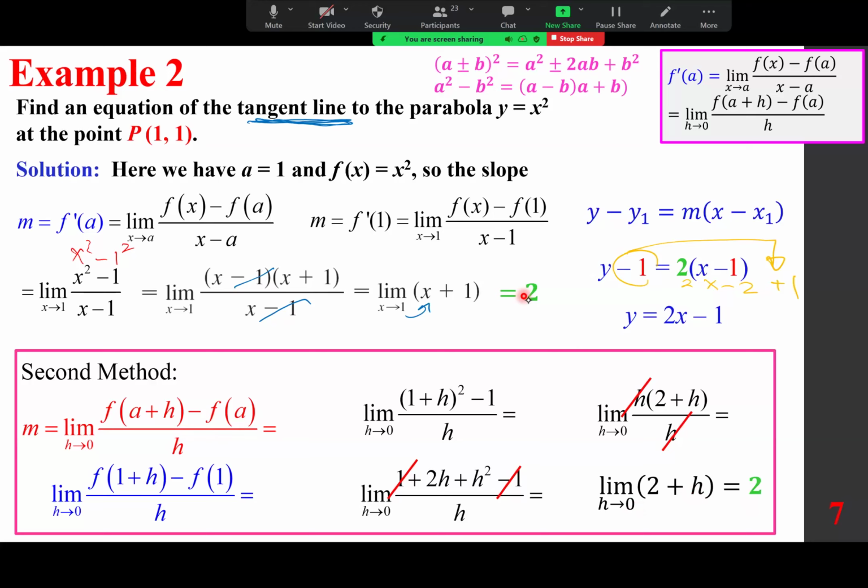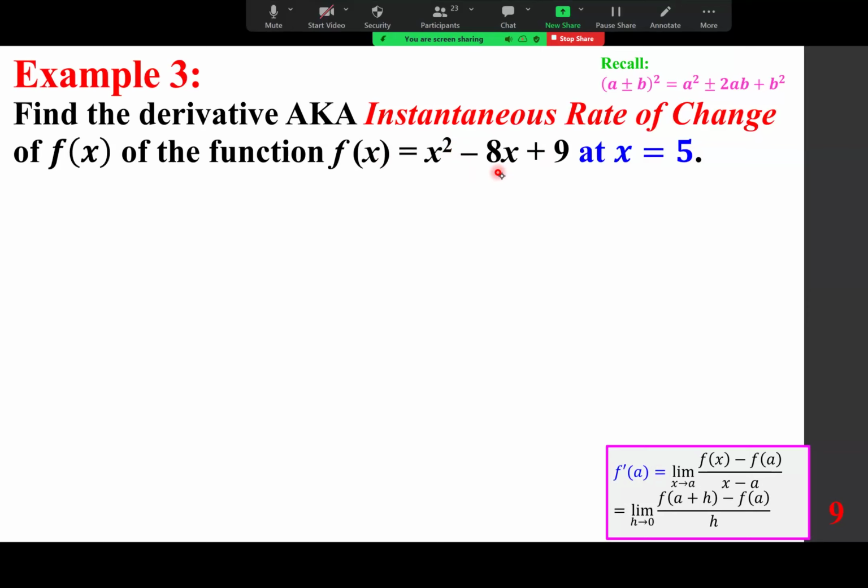And after that, we can take the easy way out using formulas. But for now, we are going to do it by definition, which means f prime of 5 is the limit of f of 5 plus h minus f of 5 over h as h approaches 0. One of these methods I'm going to use, and the second one I leave it for you to practice.